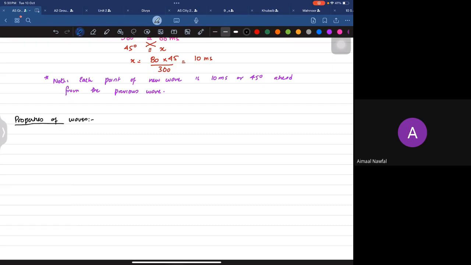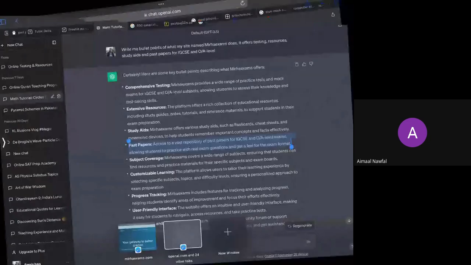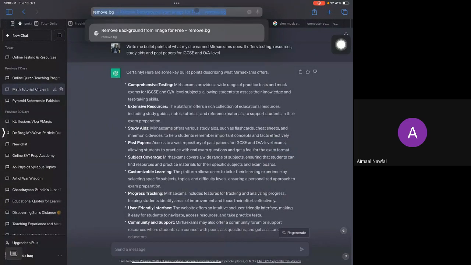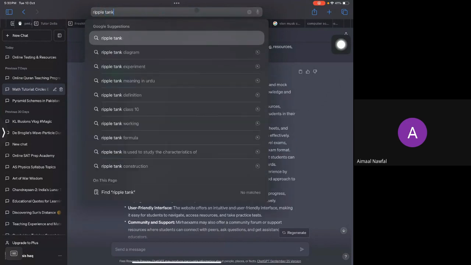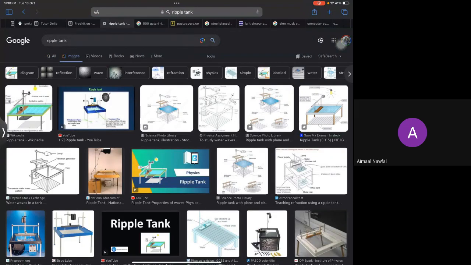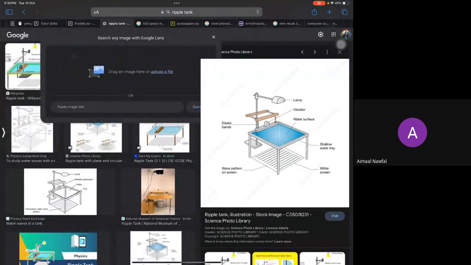I just want to show you how it looks. So basically, a ripple tank looks like this.